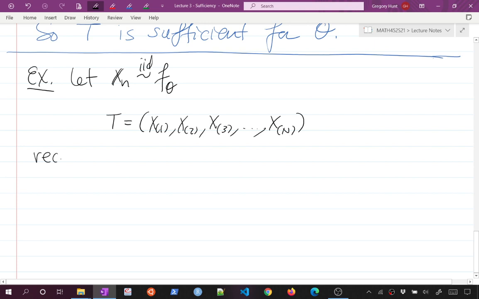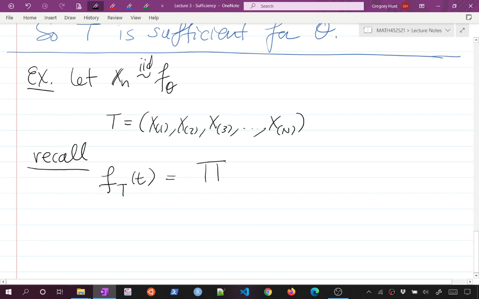And we can recall, for the order statistics, the joint distribution of the order statistics, right?